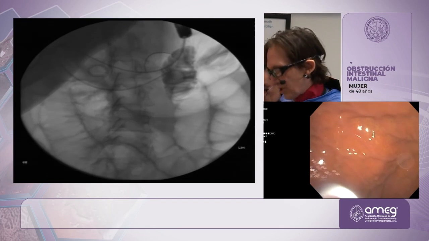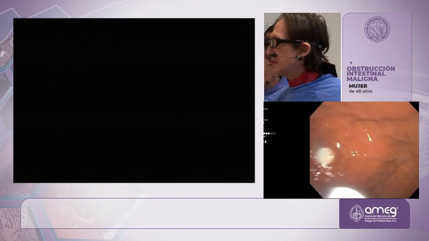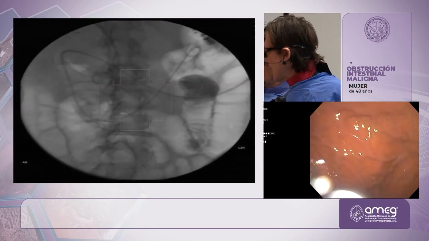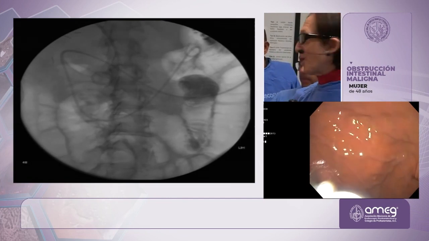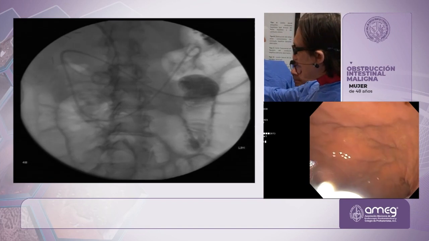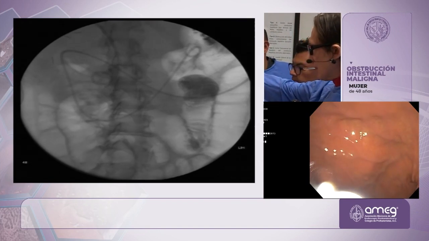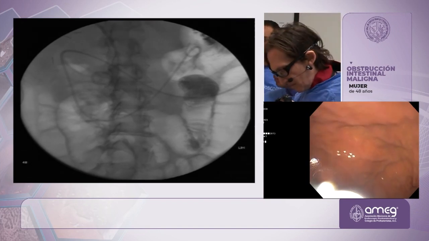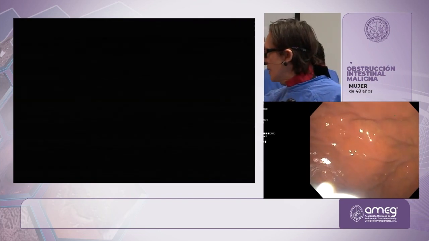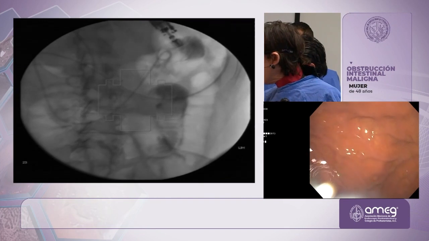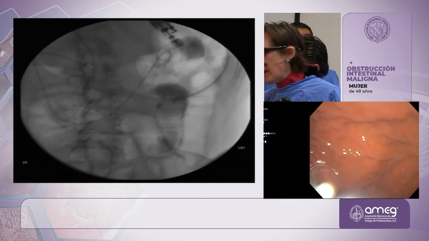All right, so now let's see on the fluoro where we are. Okay, so let's move our, and look at this. I mean, talk about a good target. If you bring the x-ray just a little bit higher to the right, this is a beautiful view of the anatomy. You can see so nicely the naso-enteric catheter, right?